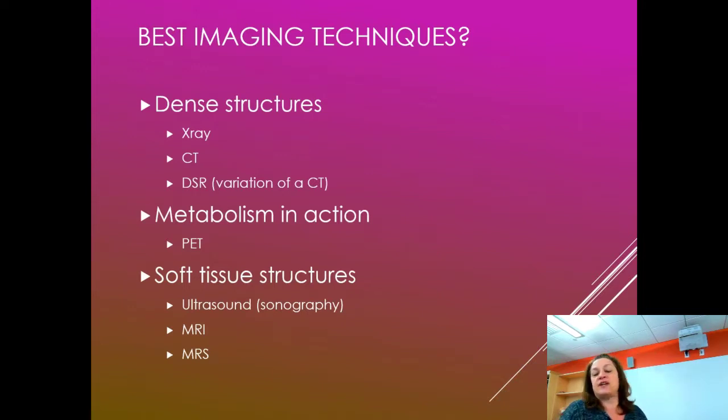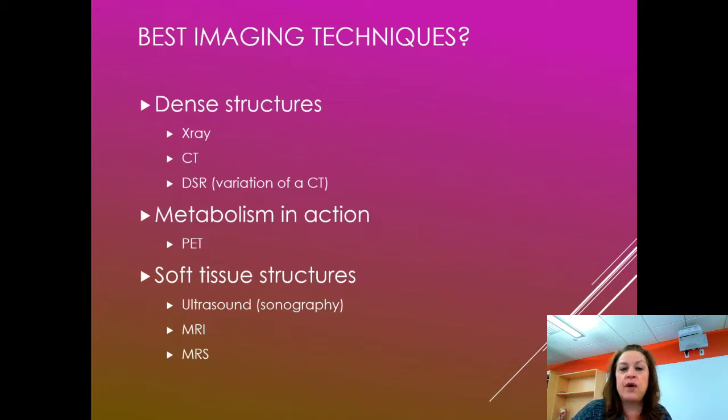So the best imaging technique depends on what the doctor's looking at. We have X-rays and CT scans and MRIs. Is he looking at dense structures, bone, things like that, or need to look through bone? Then we're going to need X-ray or CT or something called a DSA, which is a variation of a CT scan. If we want to see the way the cells are when they're active, when they're metabolizing, we're going to look for a PET, positron emission tomography, I think is the name.